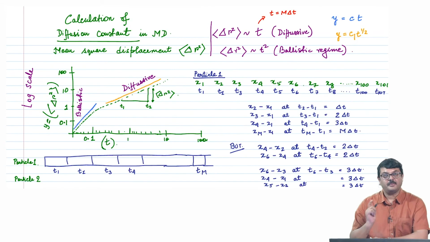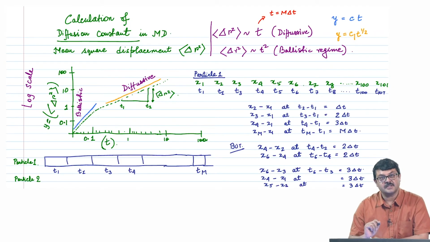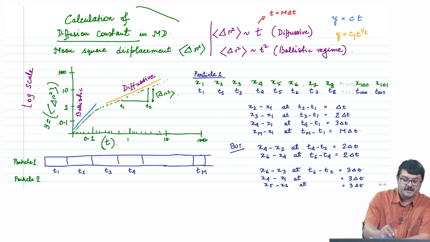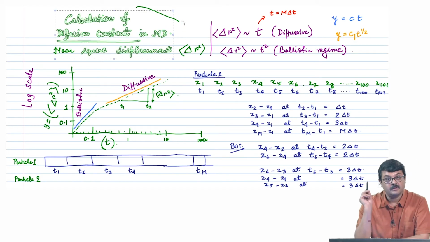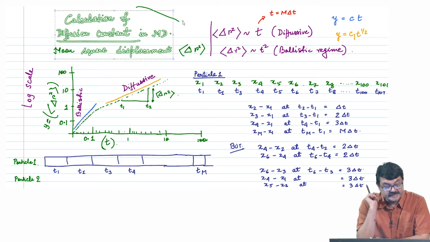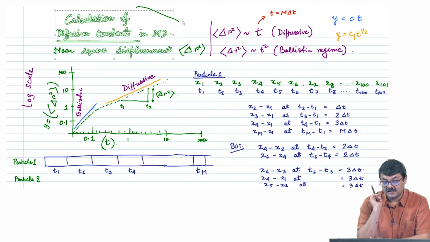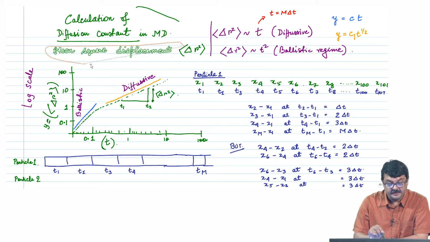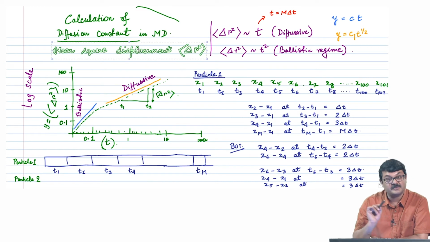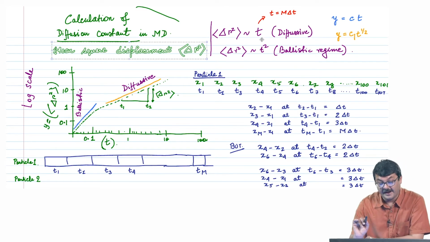Okay. Now, coming to the calculation of the diffusion constant in molecular dynamics simulations. So, now let us discuss this. What you have already learnt in the previous slide is that the mean square displacement, delta r square average, goes as time.